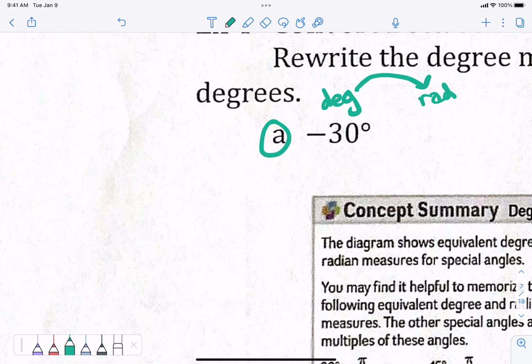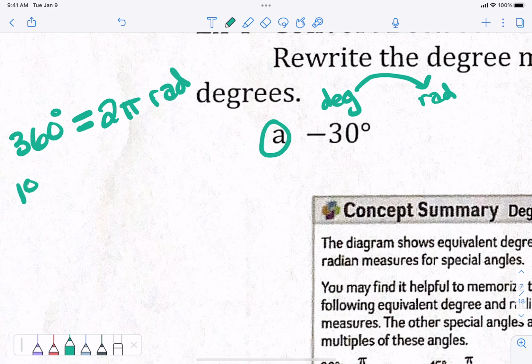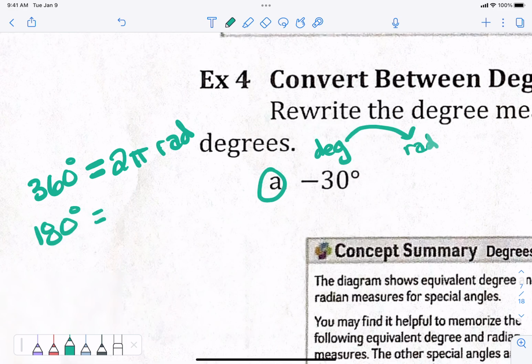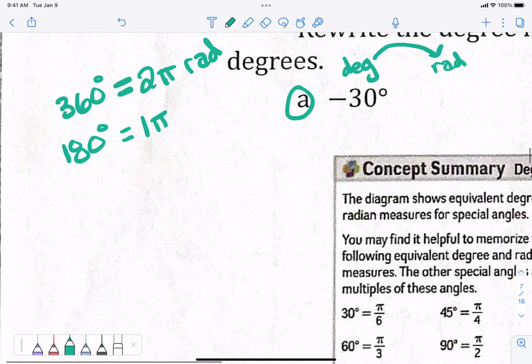We just said that 360 degrees is equivalent to how much? 2 pi radians, because it's from the circumference formula. So, how much would 180 degrees be? Just 1 pi, okay? So here's how you convert from one to the other.